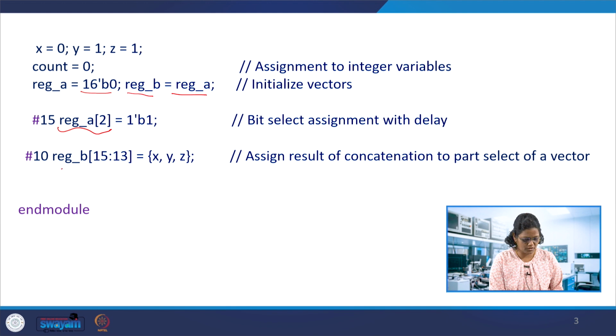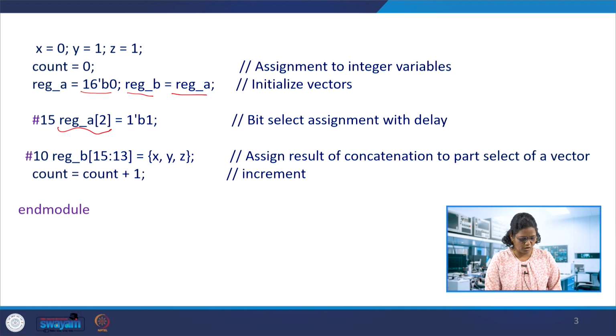After that, hash 10, reg B of 13 to 15, the last 3 bits will be made x, y, z. That is x, y, z is 0, 1, 1, so the last bits will be 0, 1, 1 after 10 time units. Next is count equal to count plus 1. Now this is just an increment.